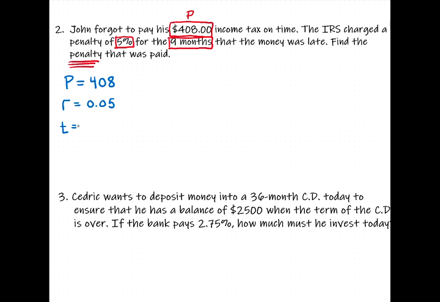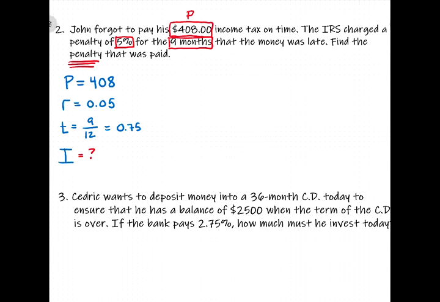So how many years is 9 months? Well, it's 9 months out of the 12 months in a year. So that's 3/4 of a year, or 0.75. 9 divided by 12 is 0.75. And we're looking for the penalty, which is the amount of interest.